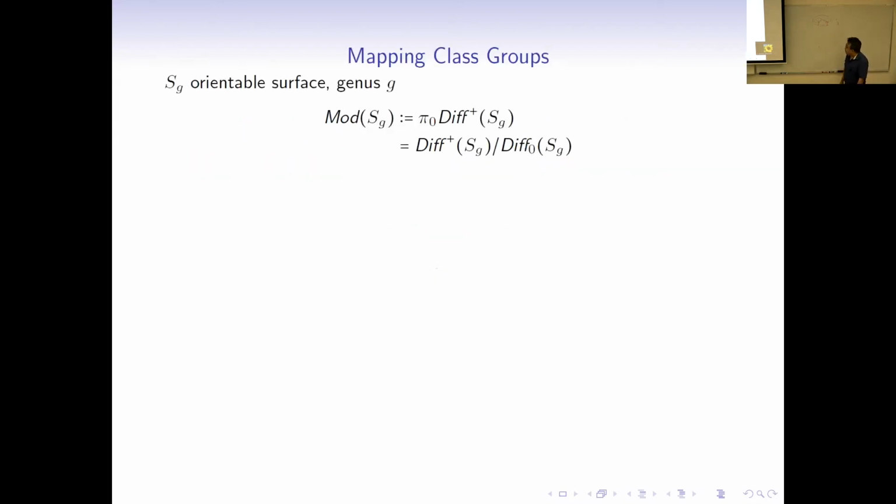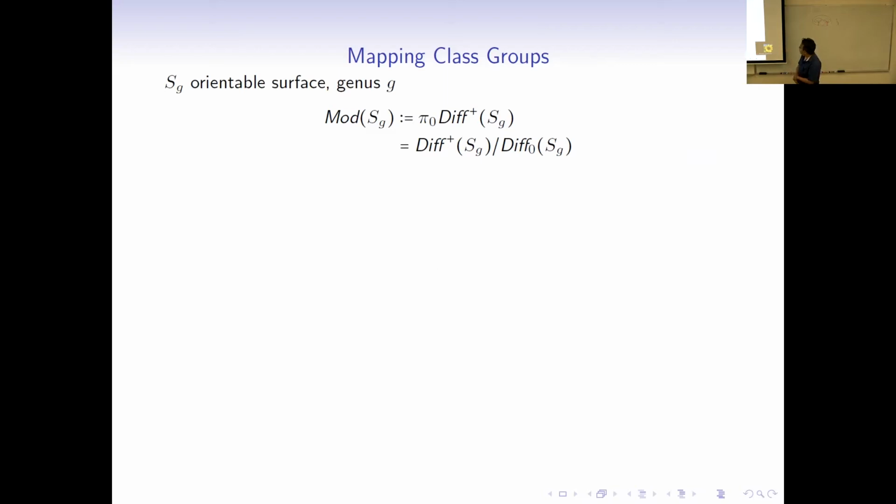So I'm going to talk about the mapping class group. In the classical setting, the mapping class group of an orientable surface of genus g is just the group of path components of the orientation preserving diffeomorphisms of the surface.